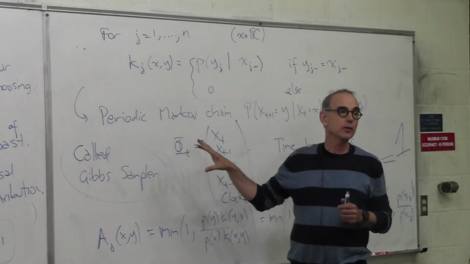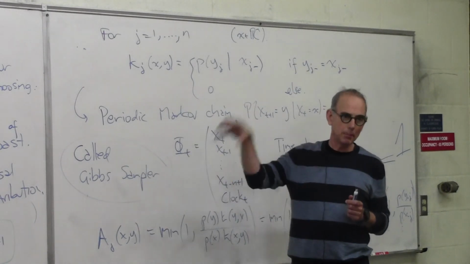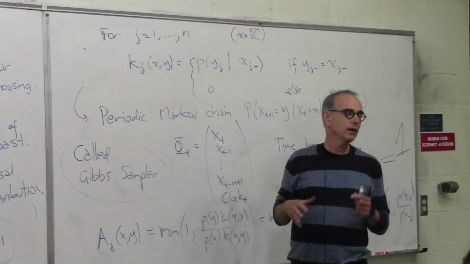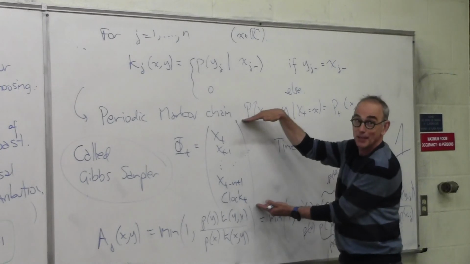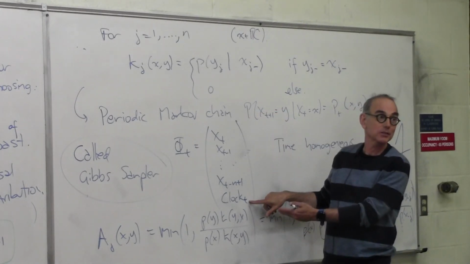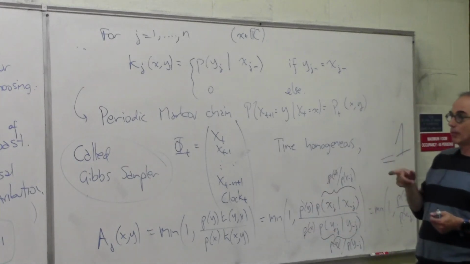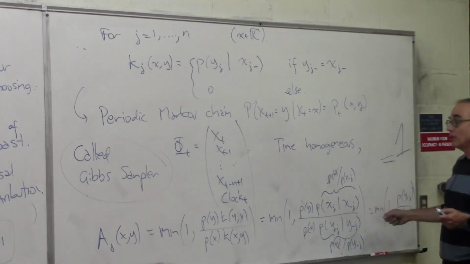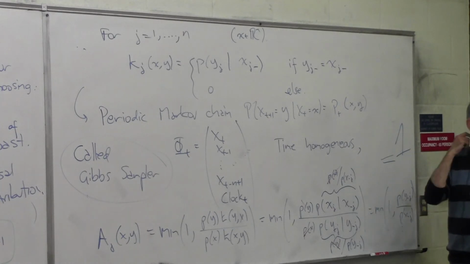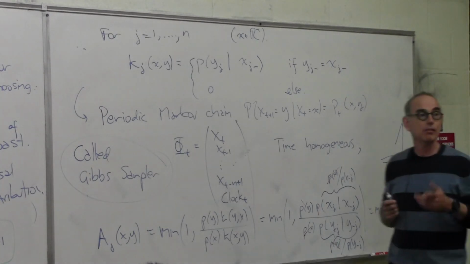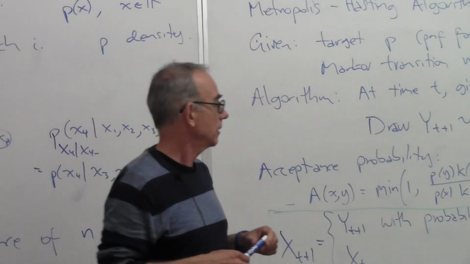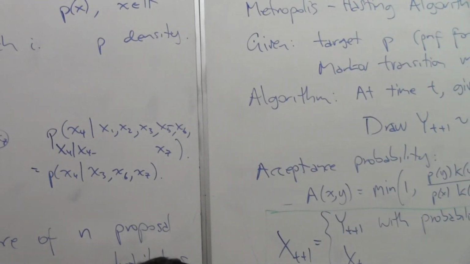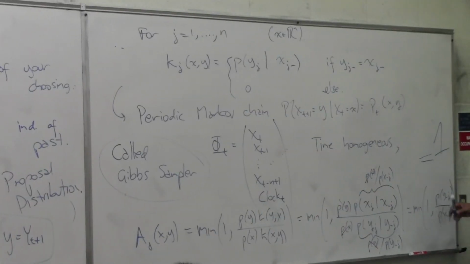This is a standard algorithm, and what we showed is that because we can embed it in the Hastings-Metropolis framework, it's a reversible Markov chain, periodic as hell because of the clock process, a reversible Markov chain with the desired target distribution, and we always accept, because the Gibbs sampler doesn't have an acceptance probability. So this answers your question. There are cases where we can do this without knowing P at all, right? Because it looked like we needed it, because in the acceptance probability we have a ratio of P's, but the ratio is always 1, so it's gone.